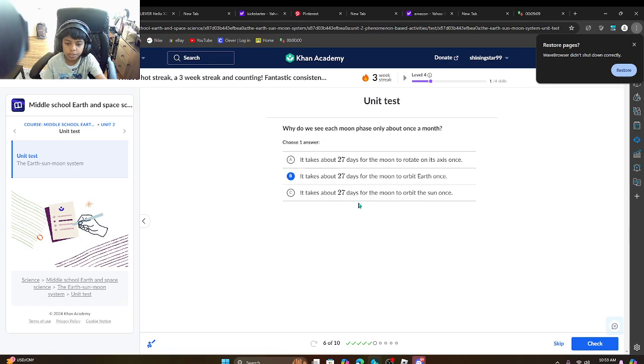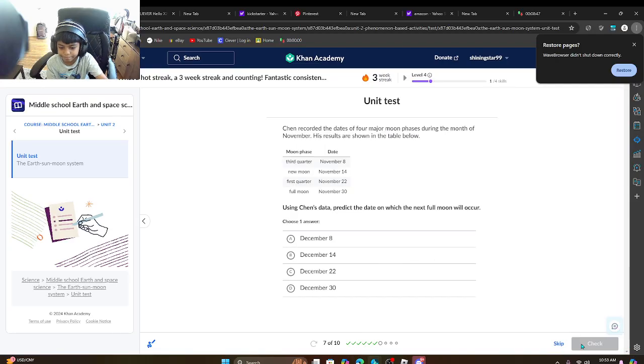It takes about 27 days for the moon to orbit the Sun once. Okay, but that's not true because the Earth takes 365 days to orbit the Sun, and the moon is going with Earth. So technically it's the same amount of days to orbit. Yeah, I don't understand what I'm saying anymore.